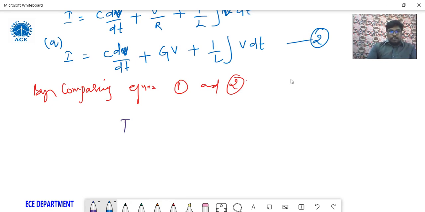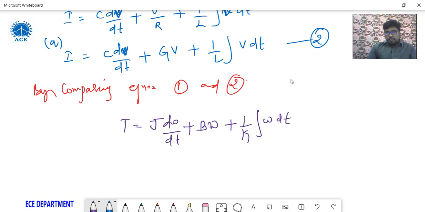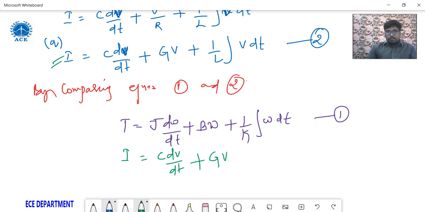Side by side I am writing here: J d omega by dt plus B into omega plus 1 by K integration of omega dt. This is our first equation, and the second one is I is equal to C dV by dt plus G V plus 1 by L integration V dt.